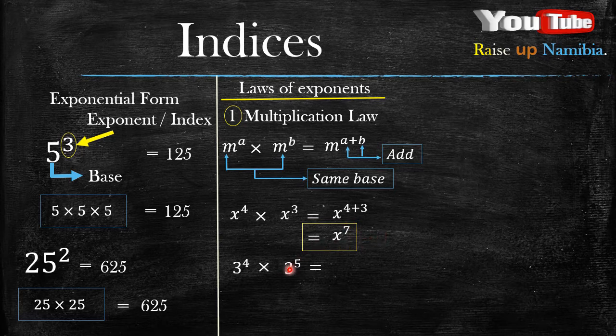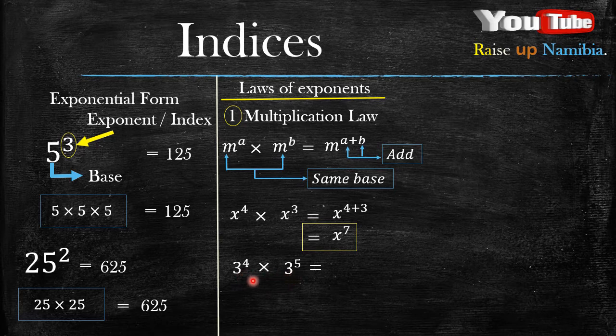How about when you have numbers? In our first example, we used variables, or let me say letters. But now in our second example, we are using numbers. So we have 3 raised to the power 4 multiplied by 3 raised to the power 5. Always look at the law and ask yourself, are these two bases the same? Yes, this 3 and 3 is the same.